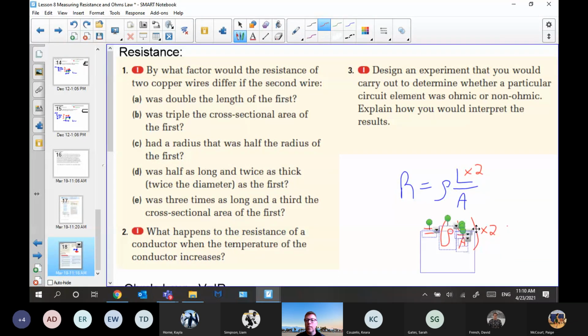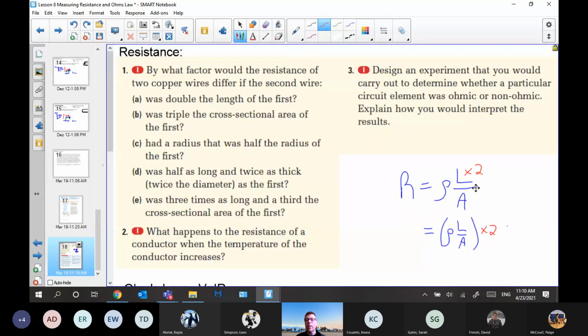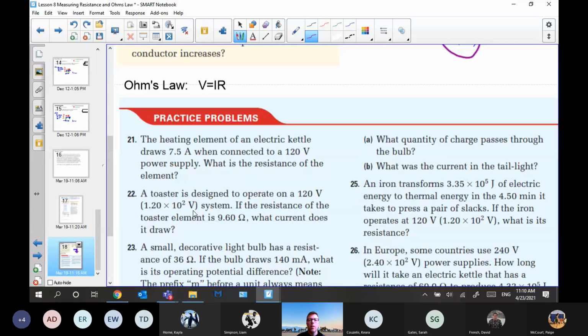I just want to grab this part here. You see the idea that if I double the length, then I'm doubling the resistance. That's the kind of thing you do if you're trying to judge what's going to happen to a concept. So use that as a guide to help you with that part.